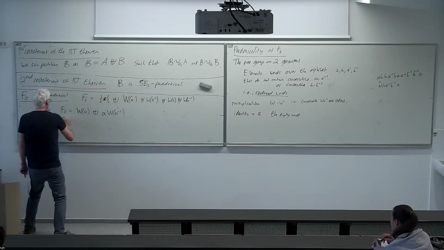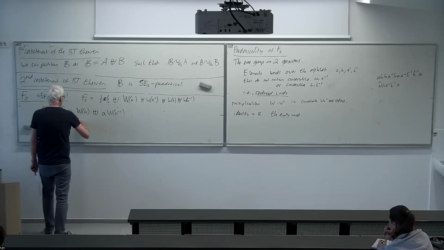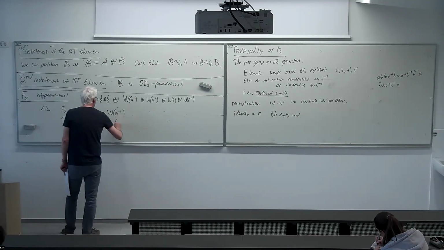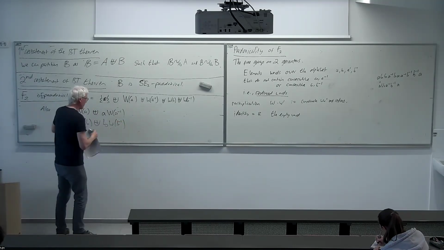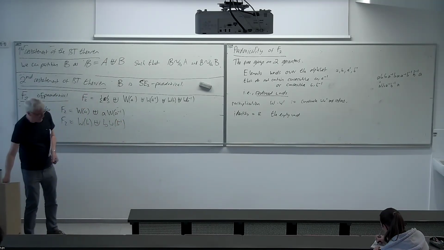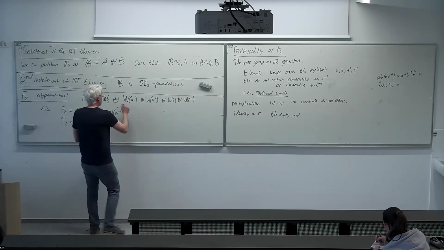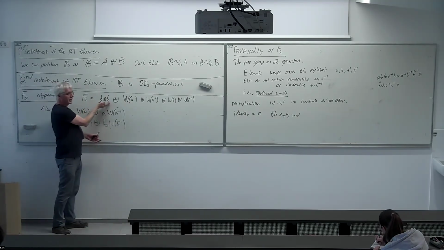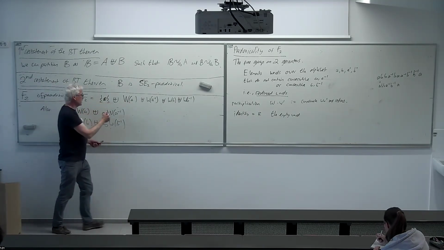And F2 is also the disjoint union of W_b together with b acting on W_b to the -1. So what we've done here is we've partitioned a subset of F2, namely everything apart from the empty word.